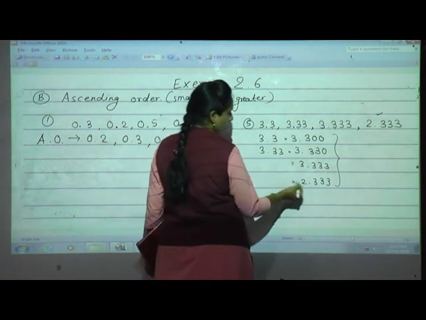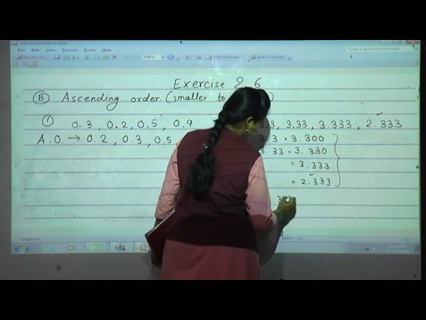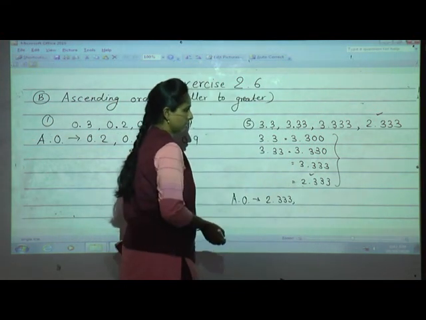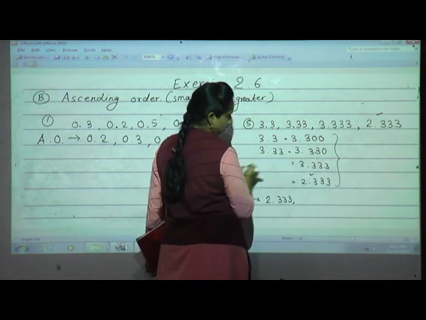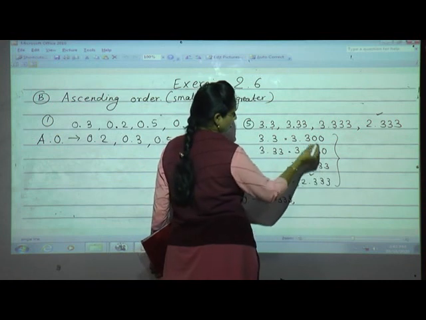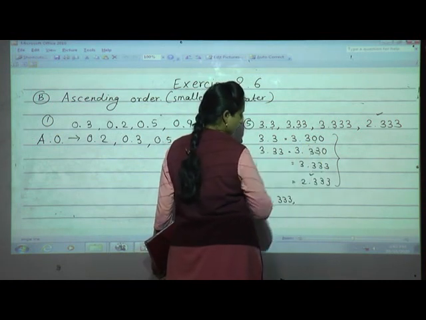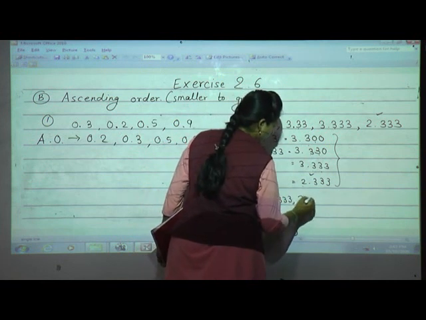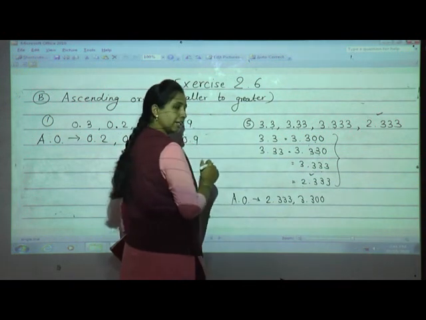Now you can arrange these numbers into ascending order. As the whole number is smaller, 2.333. Now next you can compare. See, 3 is the same in the ones place. Go with the next digit. Tenths place 3, 3, 3, the hundredths place 0, 3, 3. Of course 0 is smaller, so you can write 3.300, or else you can write 3.3 also.